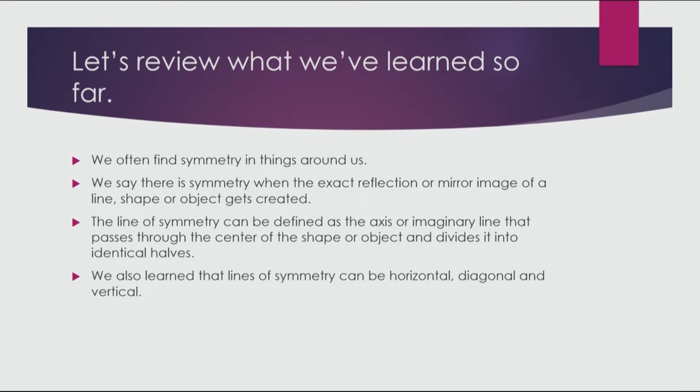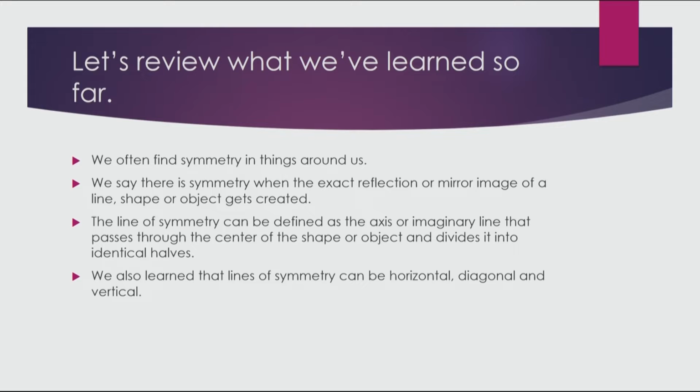So what have we learned so far? We go back on what we've seen. We find symmetry in things around us. We saw that symmetry is the exact reflection or mirror image of a line, shape, or object that gets created. Lines of symmetry can be defined as the axis or imaginary line that passes through the center of the shape or object.